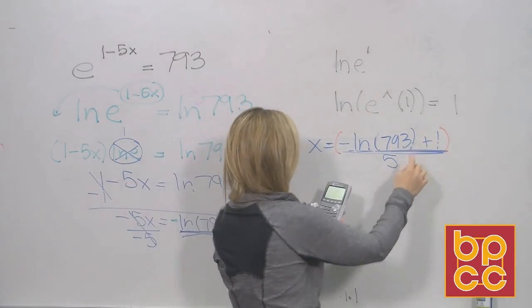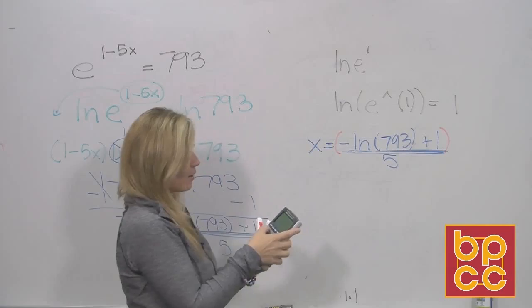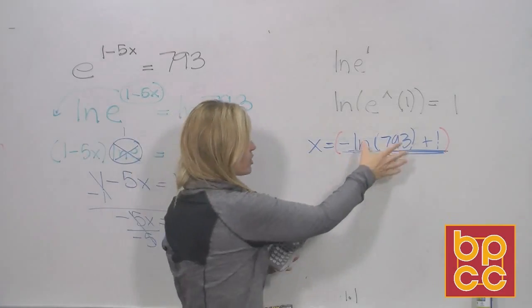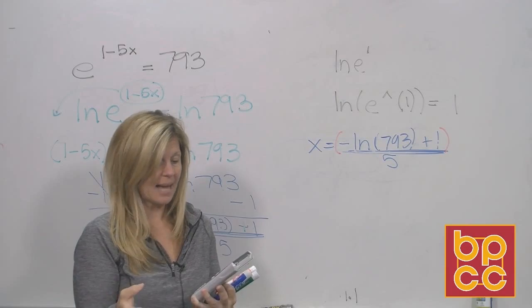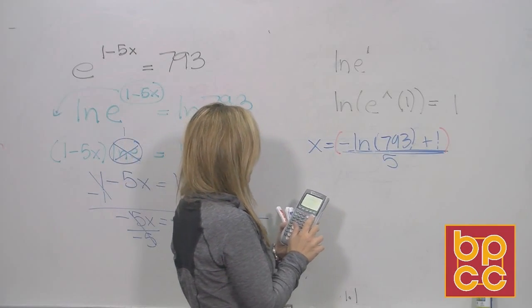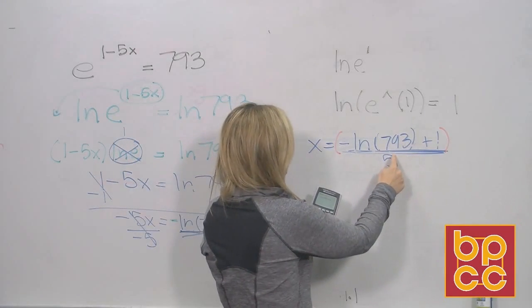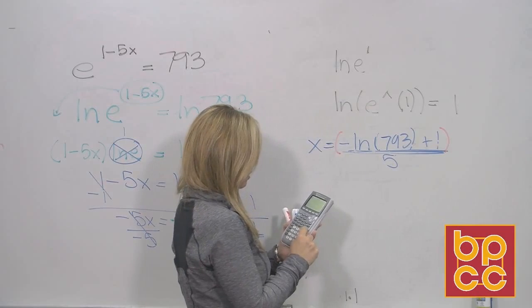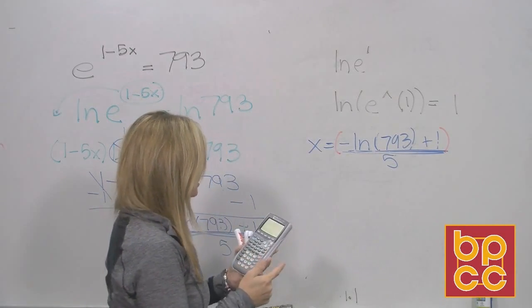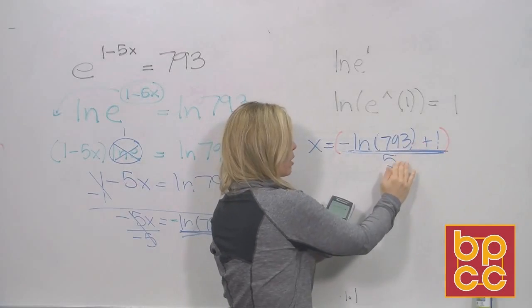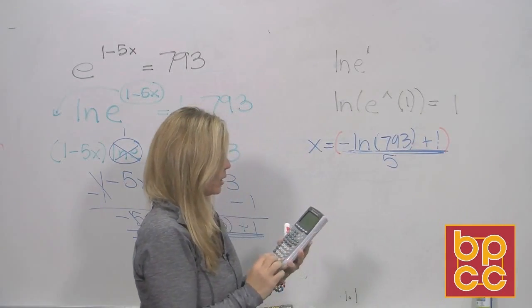You close the parentheses. That now tells the calculator what's going on here is to do all this first. Make that one number. Make sense? Now that you get all that typed in, you would then hit divide by, hit the division bar, and 5. And that tells the calculator you want everything in the numerator divided by 5. And you would hit equals.